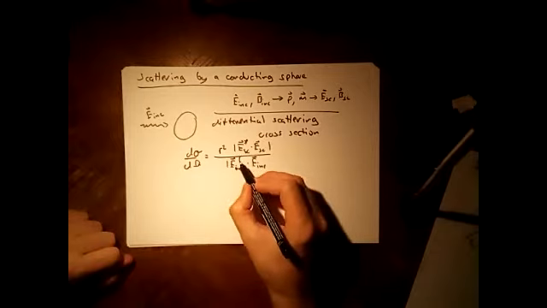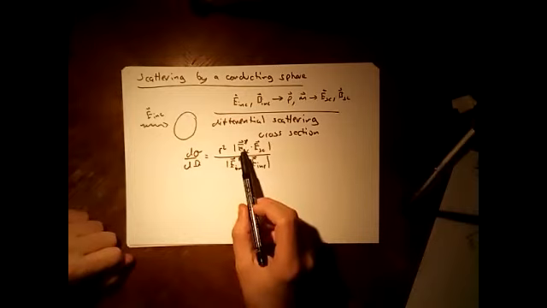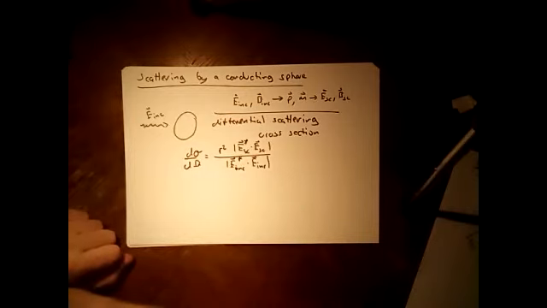So the square modulus of these two: the square of the scattered electric field divided by the square of the incident electric field.